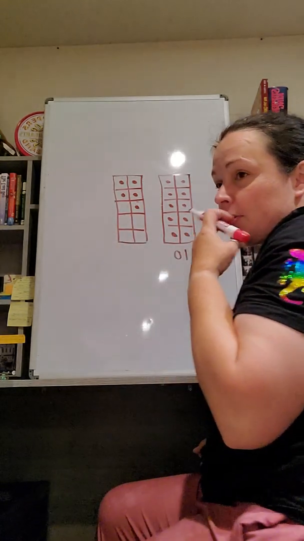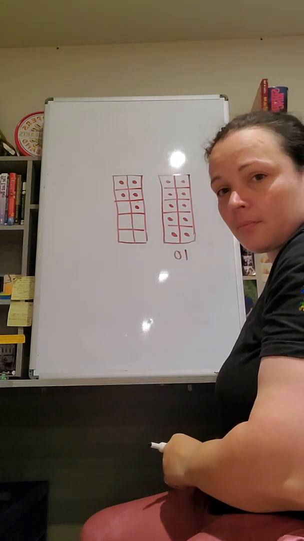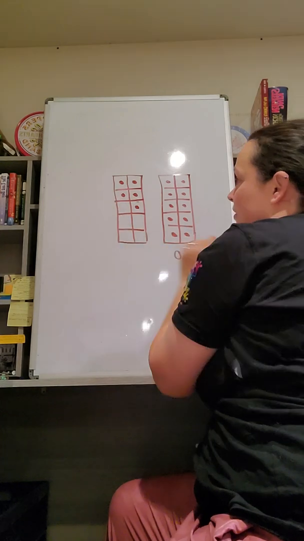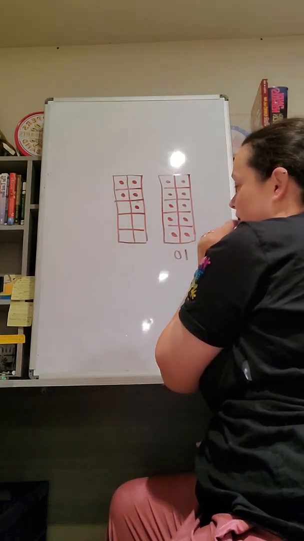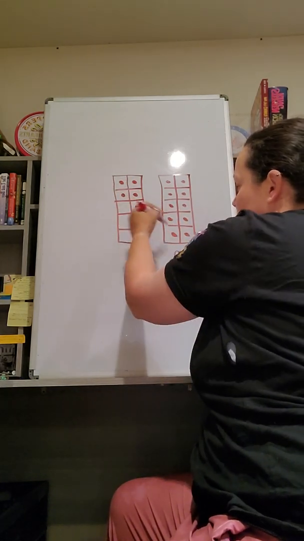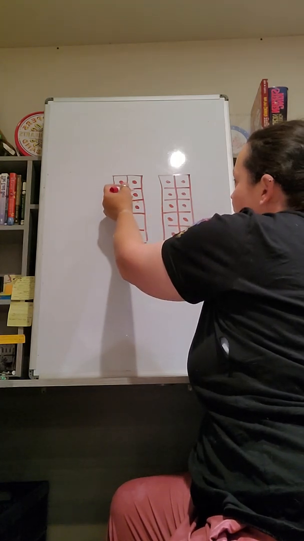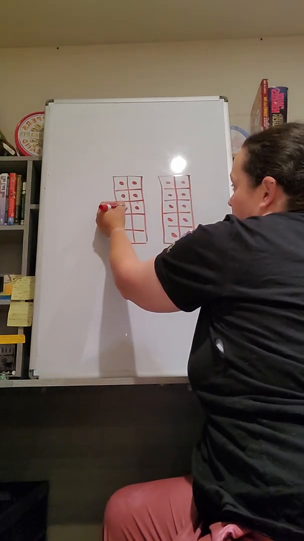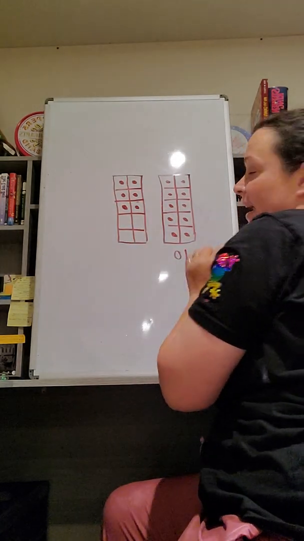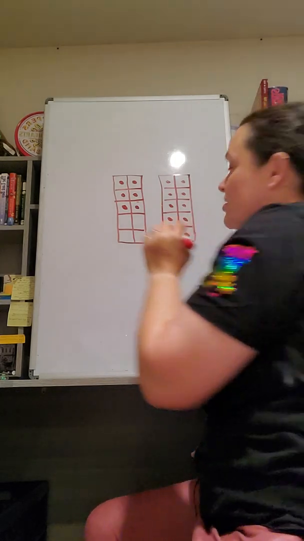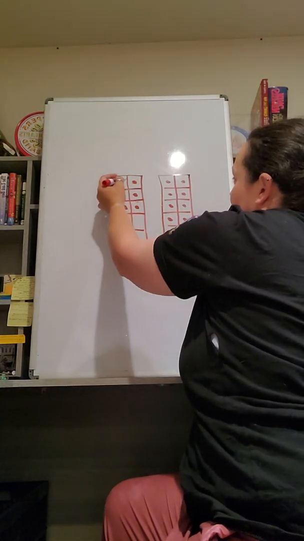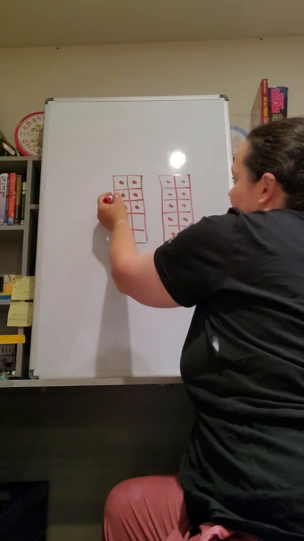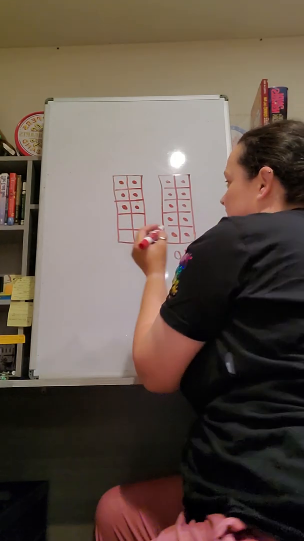One more square equals how many? That's right, 15. 10 plus 5, there's 5 squares over there colored in. So 10, 11, 12, 13, 14, and 15. And one more is 10 plus how many? That's right, 6. So 10 plus 6, or 10, 11, 12, 13, 14, 15, 16.